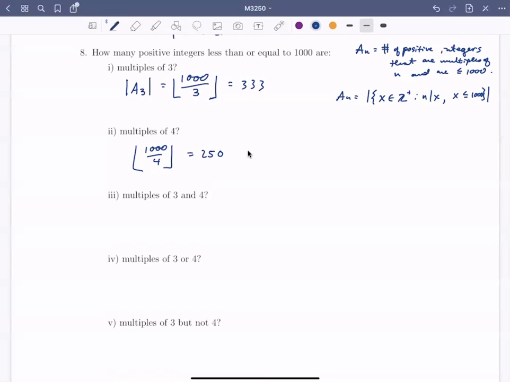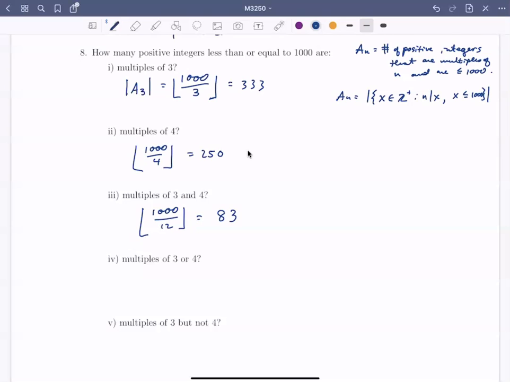So here we're going to figure out how many multiples are there of 12 from 1 to 1,000. Okay, and so we need to divide 1,000 by 12 and take the floor of it. And when we take 1,000 and divide it by 12, what we're going to end up with is 83. So there's 83 multiples of 12 between 1 and 1,000. Now, how do we figure out the multiples of 3 or 4?